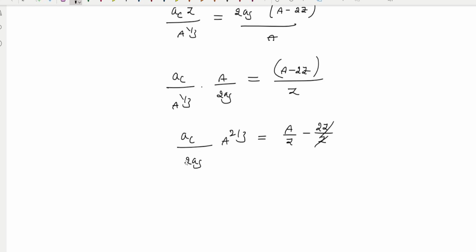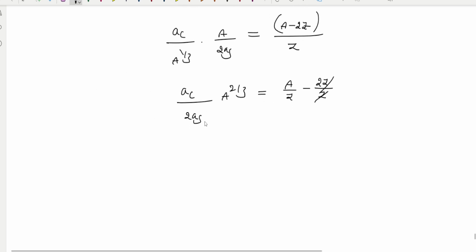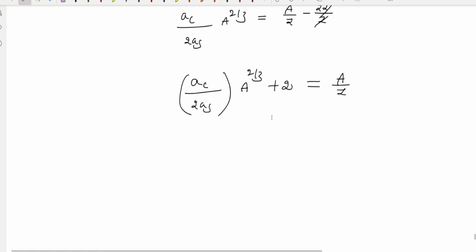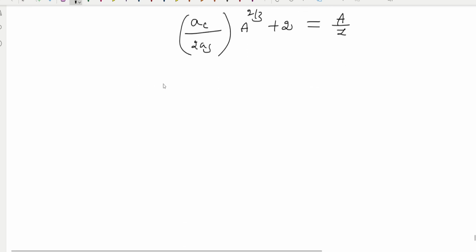So I'm going to write this minus 2 here: ac divided by 2as. It is better to write like this: A power 2 by 3 plus 2 equal to A divided by Z, because here minus 2 is there. So here I want only Z, that is the stable isobar formula, right? So Z equal to, it is easy, right?